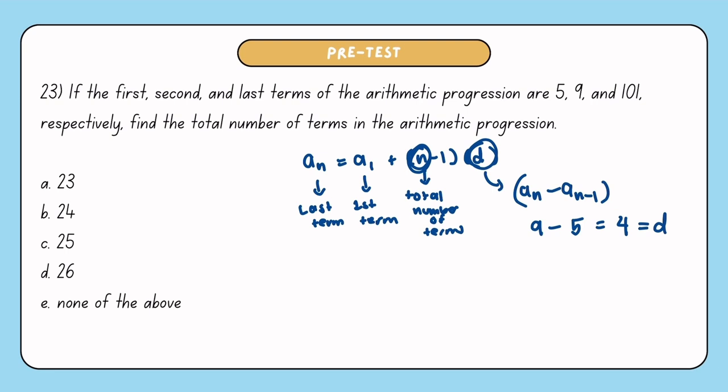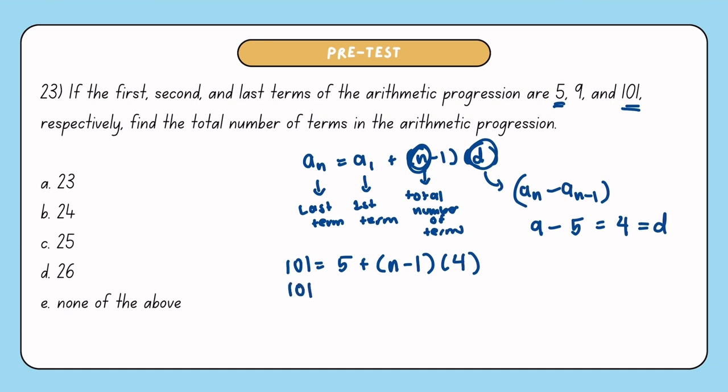So, an is 101, a1 is 5, d is 4. Writing it, we get 101 equals 5 plus n minus 1 times 4. And we just have to solve for n.